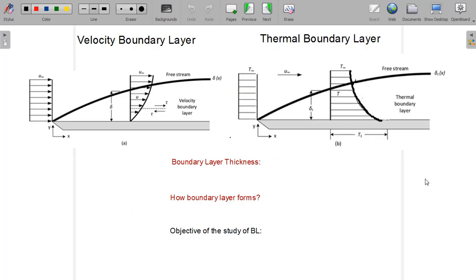So let us first understand what is thermal boundary layer. As you can see, on the left hand side it is a picture where there is a flat plate and some fluid is flowing, and how the velocity boundary layer has been developed has been shown.